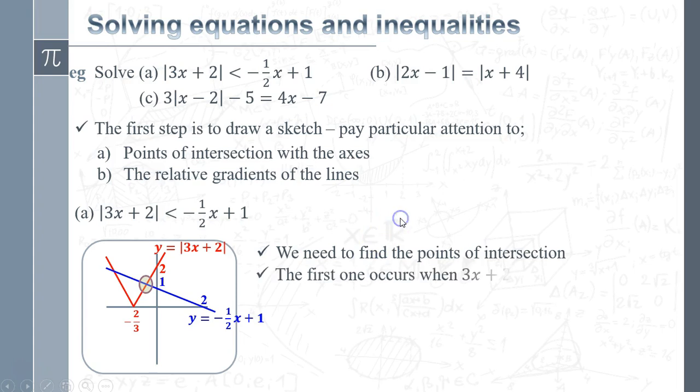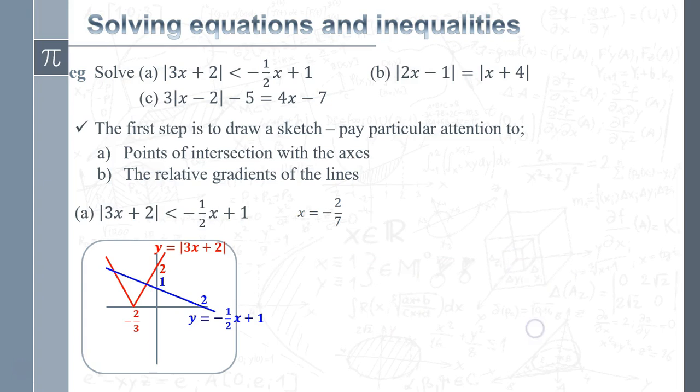Now, that first one is when 3x plus 2 equals minus half x plus 1. So because this is just the normal kind of what I refer to as being the positive arm of this modulus function, nothing weird is going on with that one. It's just straightforward, so we've got to solve this equation. So let's do that. We end up with x equals minus 2/7.